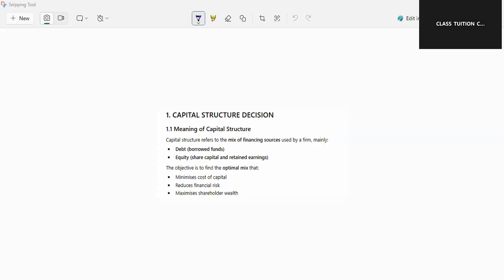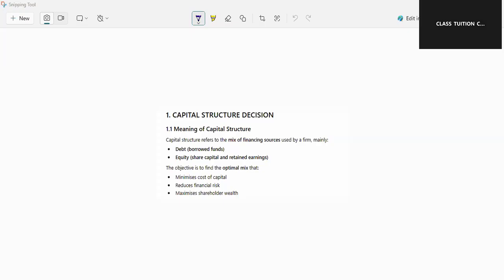All right. The essence of having an optimal capital mix, which is the combination of debt and equity, is, number one, to achieve the minimal overall cost of capital, meaning debt is sometimes even cheaper than equity due to the tax shield. Also, reducing the financial risk, meaning the risk of default.